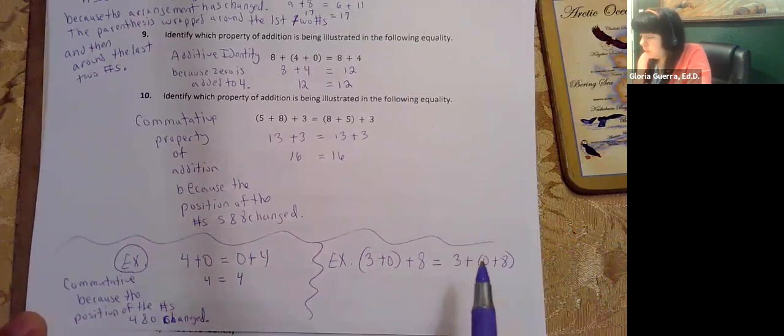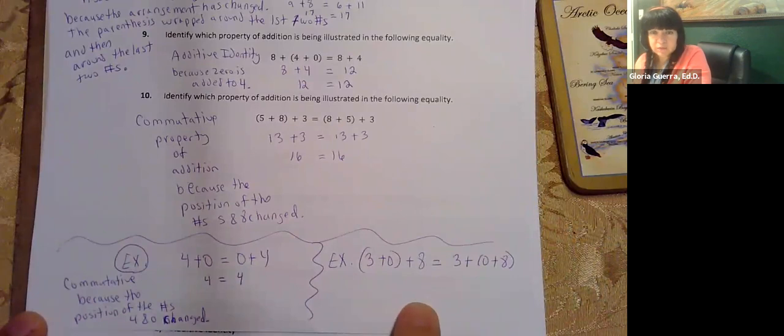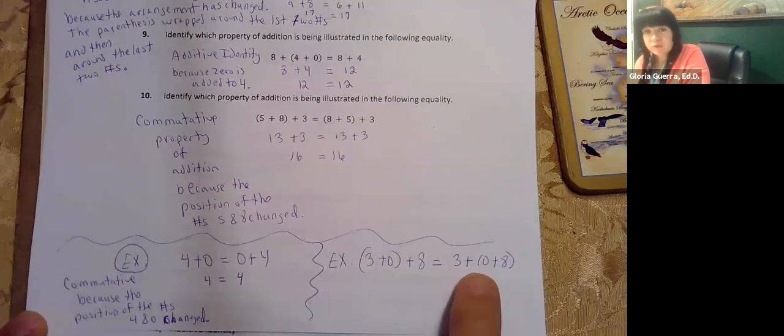Okay, and then on this one, if you look at this closely, I wouldn't call this additive identity. You have 308 on the left side. On the right side, you have 308. So this cannot be commutative because the position stayed the same, 308, 308.